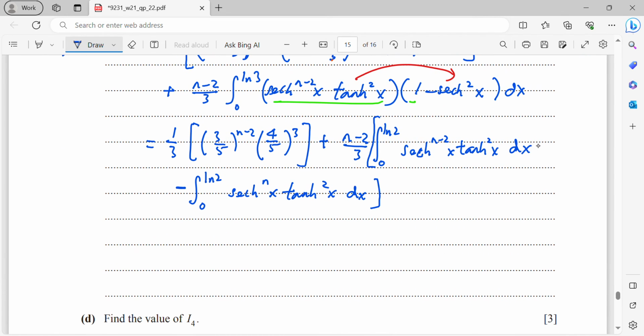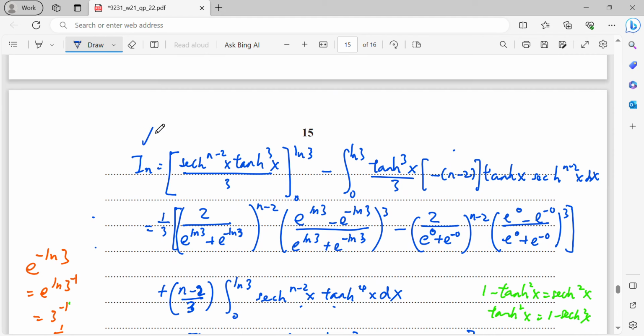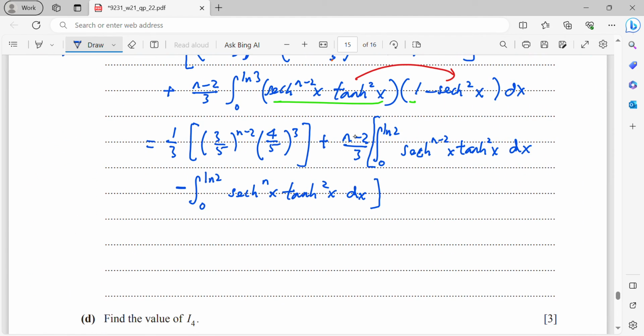Okay, so now from here, this 3, because left hand side equals to I_n. See here, left hand side equals to I_n. So I will write I_n here. Because now I notice that both also over 3.